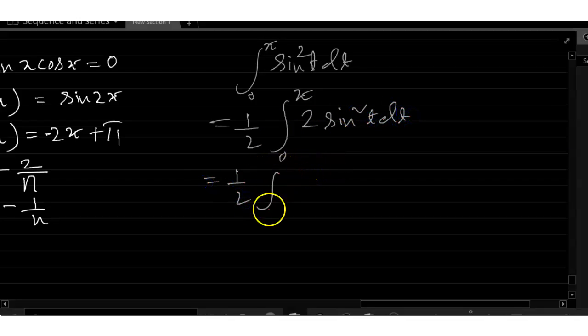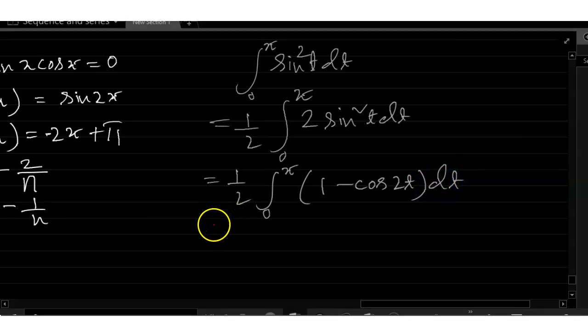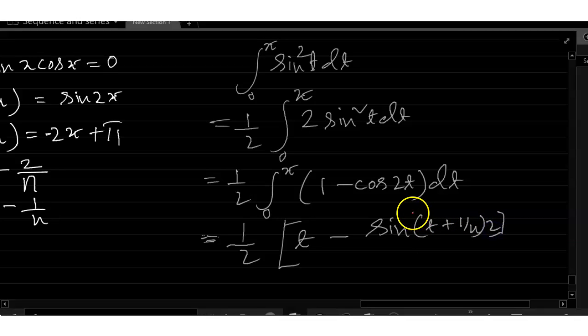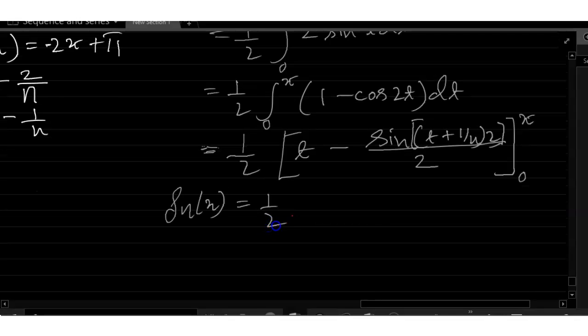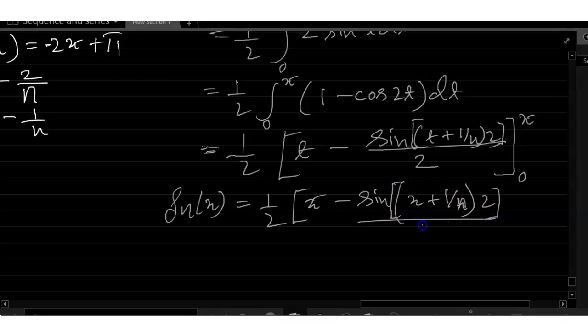It can be written as half into the integral from 0 to x of 1 minus cos 2t dt, and after that half of t minus sine of 2t by 2 from 0 to x, which is half of x minus sine of x plus 1 by n divided by 2.